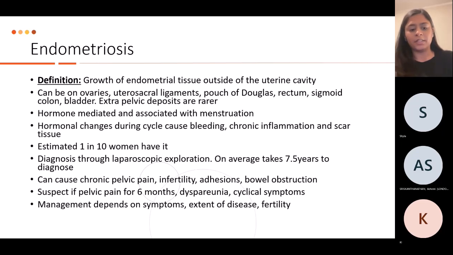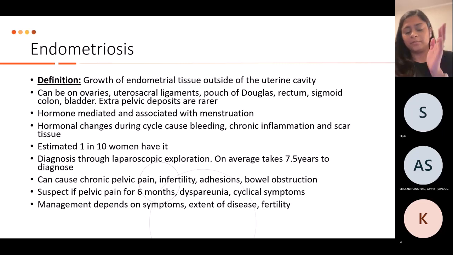Again, endometriosis is quite common. It is growth of endometrial tissue outside of the uterine cavity. It could be anywhere, but often tends to be near the pelvic area. Extra-pelvic deposits, like in the lungs, can cause hemoptysis for example, but again, these are very rare and usually very severe.